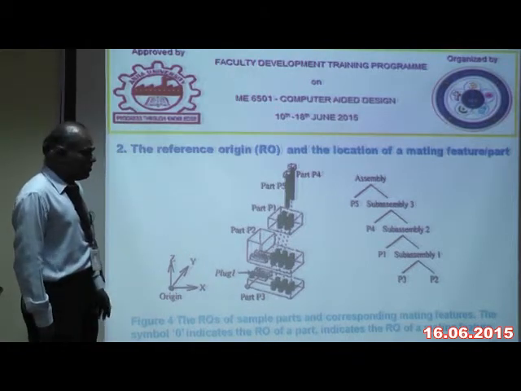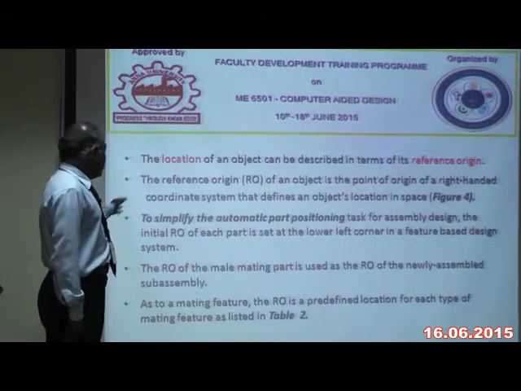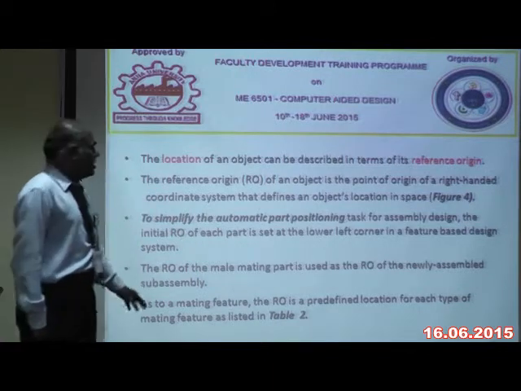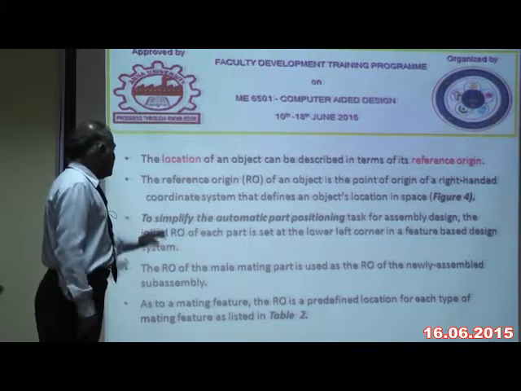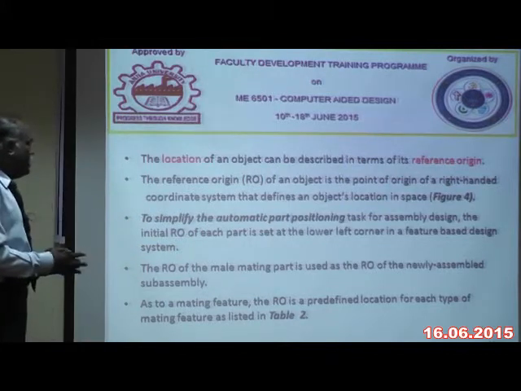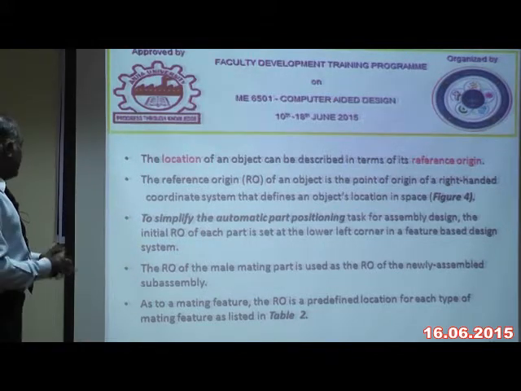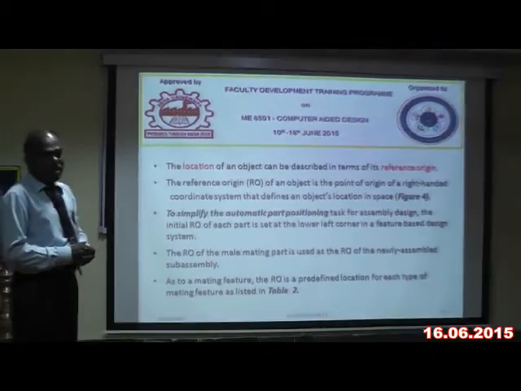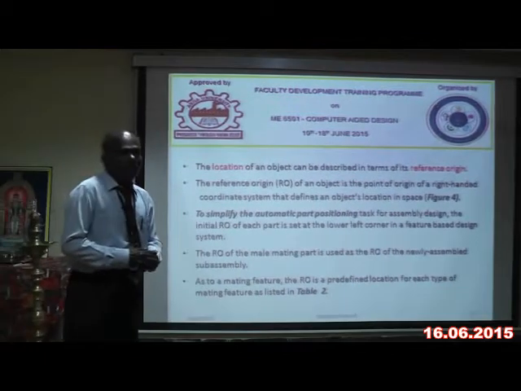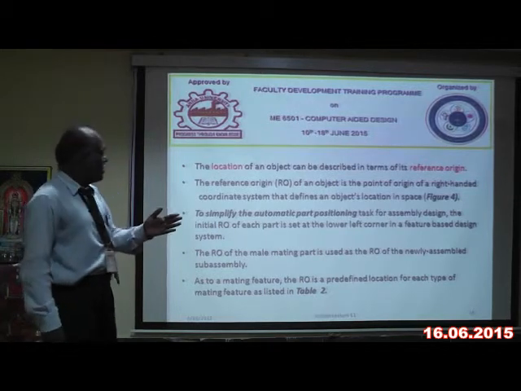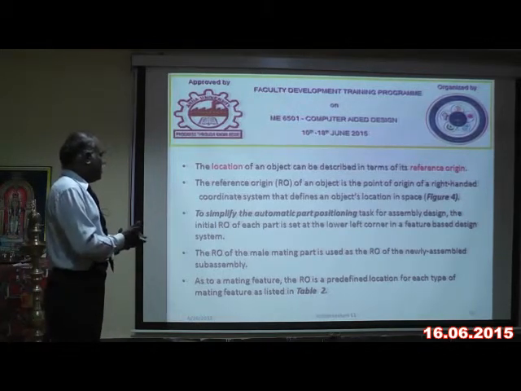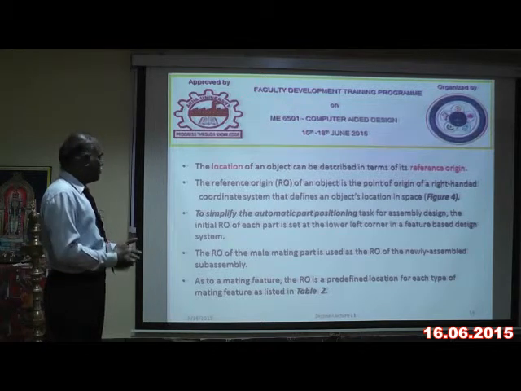And then the location of the object can be displayed with the reference origin. The reference origin of the object is the point of origin of the right-handed coordinate system. All the software is designed in the right-hand coordinate system and defines the location in the space.